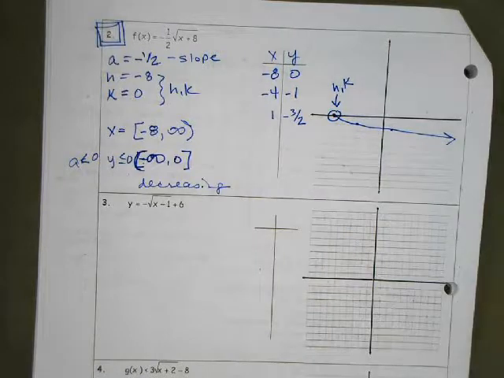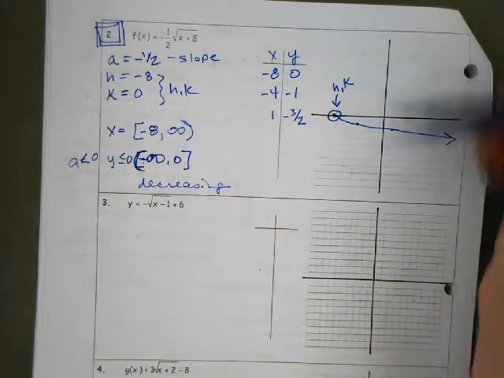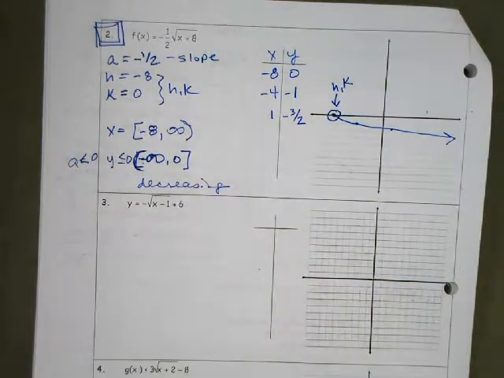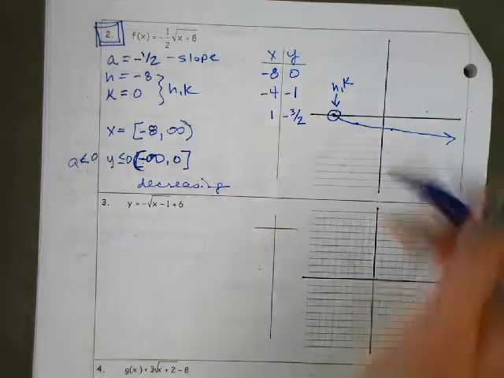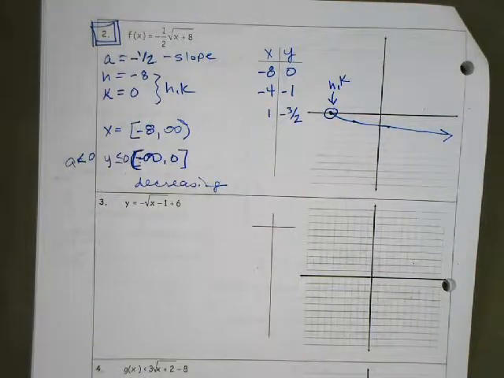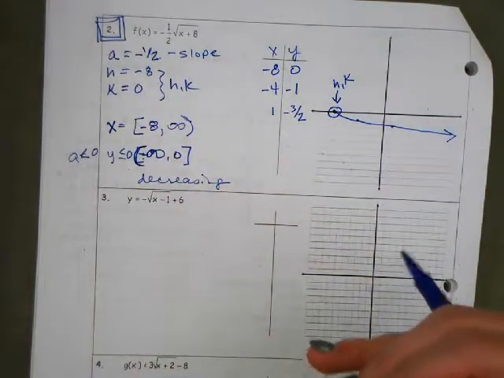So it's positive infinity. The up and down affects the range, not the domain. If it was going this way, then it'd be negative, right? Are we comfortable with that?